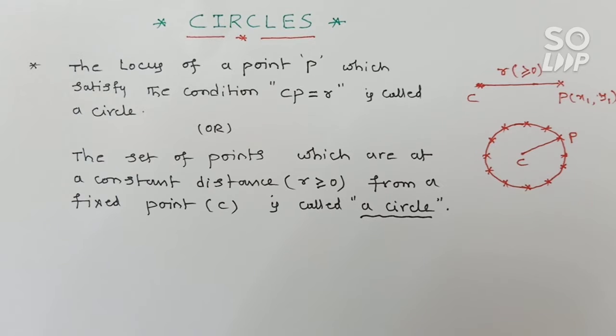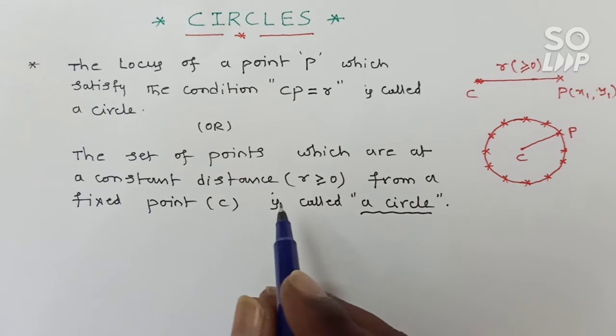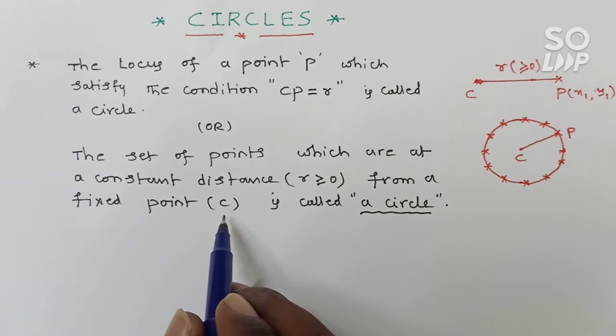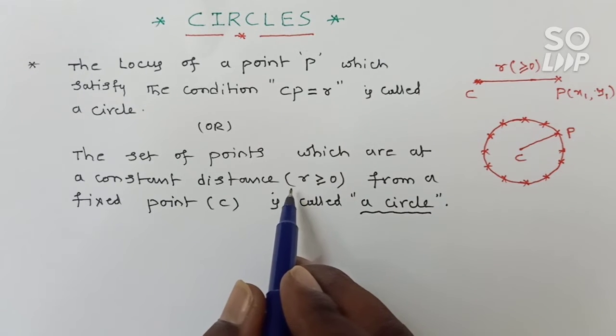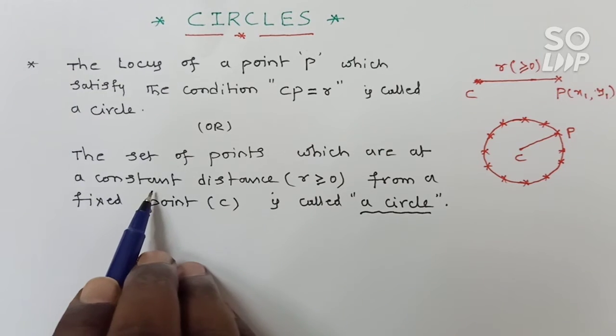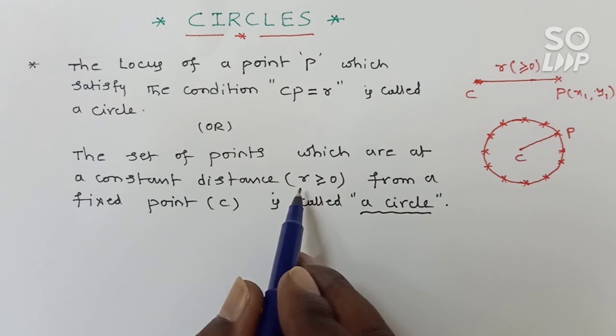Okay, so now in this definition, what do you call the fixed point and what do you call the constant distance, or this is also a fixed distance?